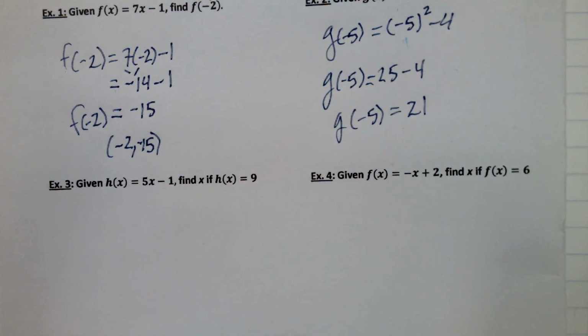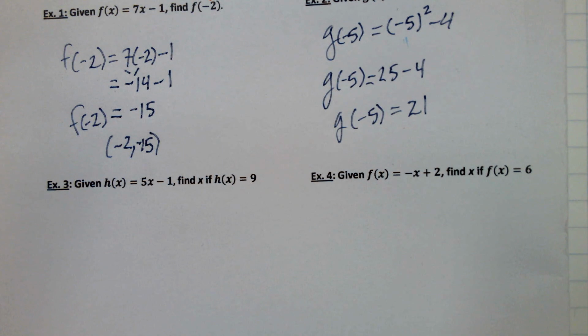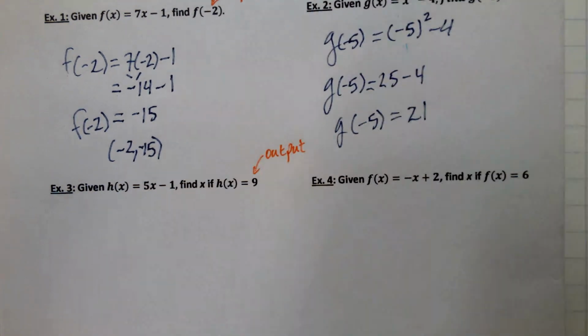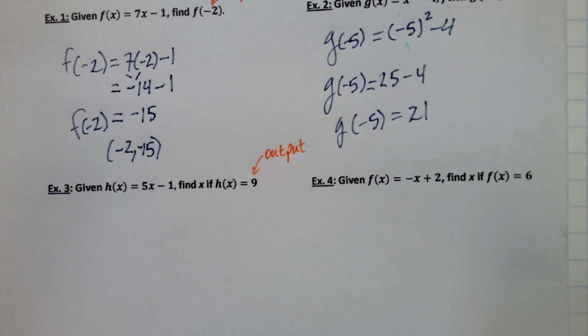All right. Now that's when they give us an input. Look what we have in example number 3. In example number 3, we don't have an input, right? We actually have an output. So in this case, they give us an output.